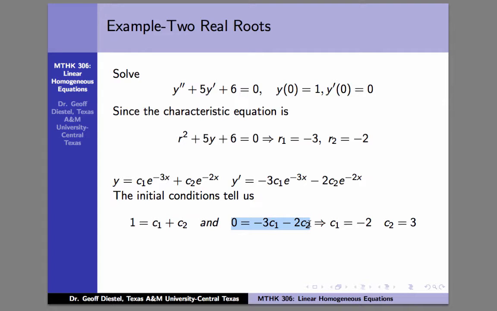You can solve for it, and then once you have C2, you go back to either equation, plug it in, and solve for C1. In this case, you find C1 is -2 and C2 is 3. So we just plug those into our general solution to get the actual unique solution that I have here at the bottom of the slide.